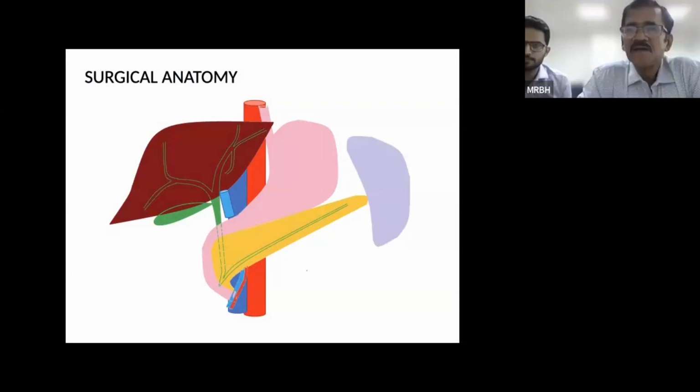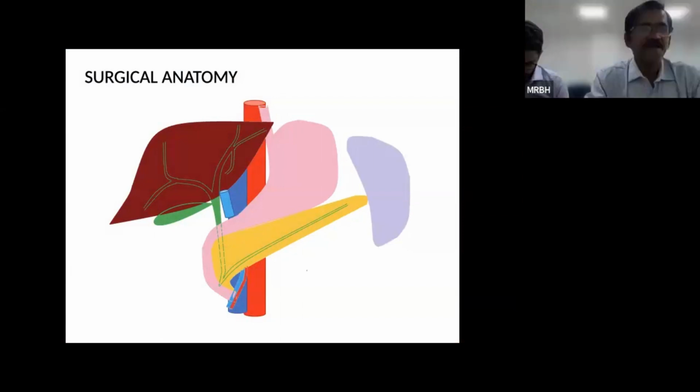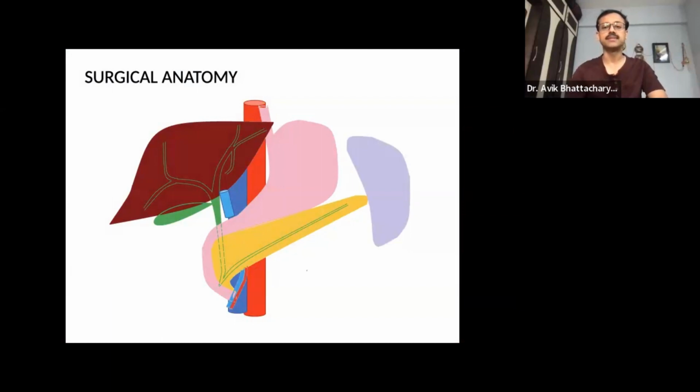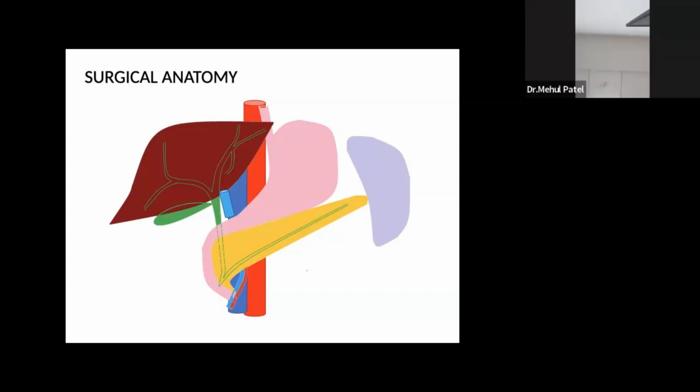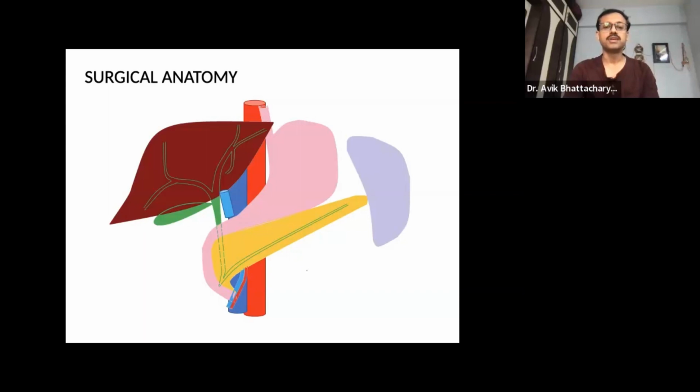Perfect. Recording in progress. So, good morning, everyone. As sir said, the aim of our discussion today would be to characterize a focal liver lesion. I'll go through the basic segmental anatomy of the liver to understand in which segment a lesion is situated.